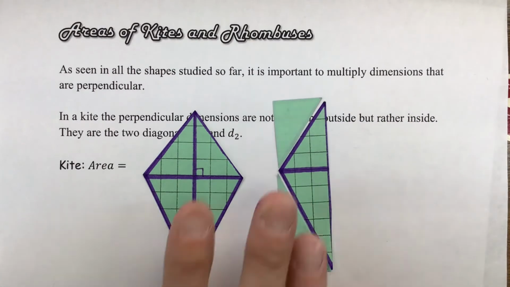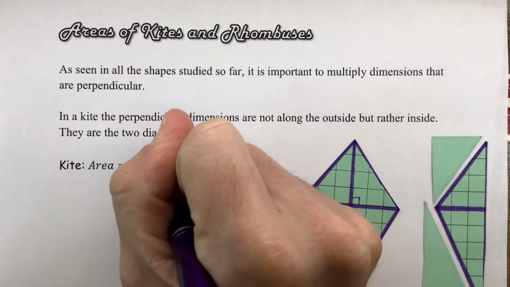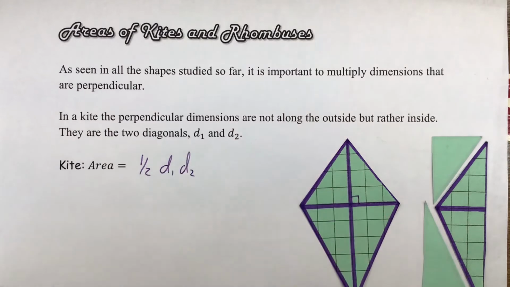So overall, the area formula for a kite is going to be 1/2 D1 times D2. And it doesn't matter which diagonal you use as D1 and D2. Overall, this is just a product, and you can rearrange those numbers however you want, and you still get the same answer. So we're just going to state it this way. It is half the product of the diagonals.